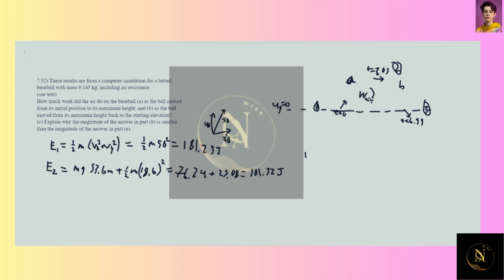So the work due to air from 1 to 2 is E2 minus E1, and that's negative 79.93 joules. So that's part A.